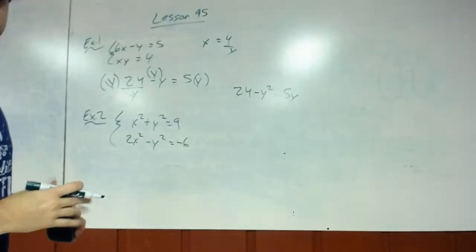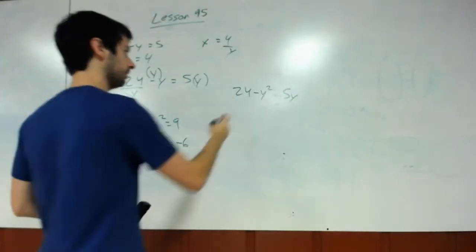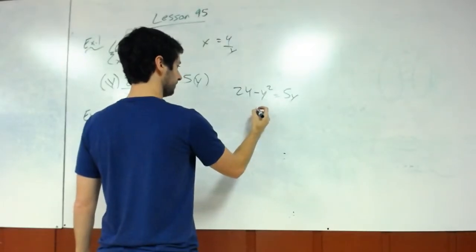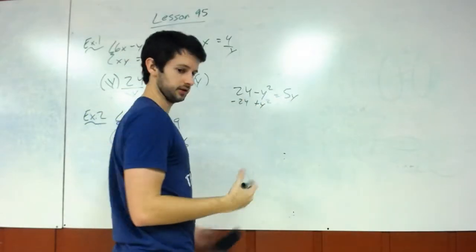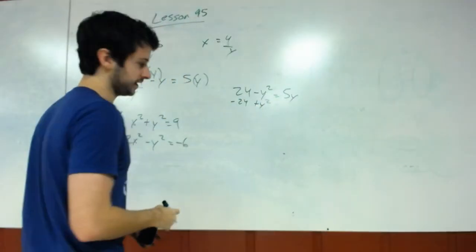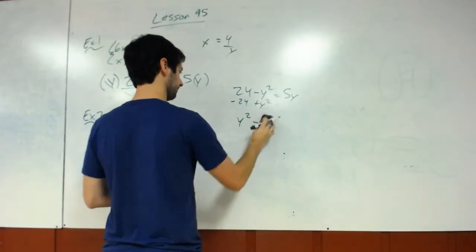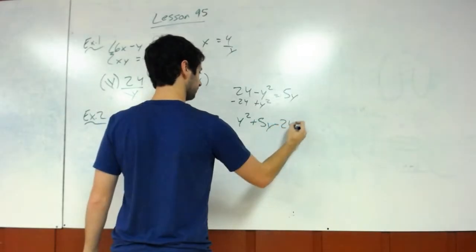24 minus y squared equals 5y. Now what we want to do is get this y squared positive, so I'm going to move it to the other side to create something that we could possibly factor. So y squared plus 5y minus 24 equals 0.